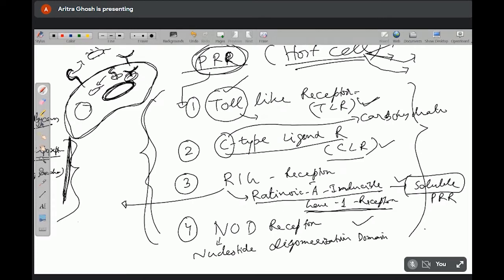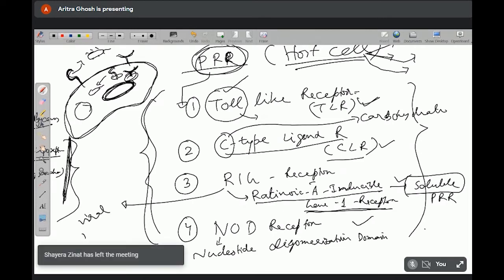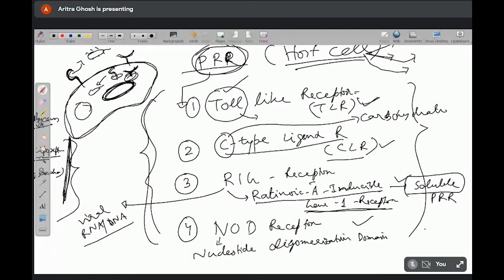So if any organism enters inside the cell cytosol, then RIG, NOD, and also TLR and CLR are present. It is not that it escapes and only toll is here or only C-type is there. These are also present in the cytosol.